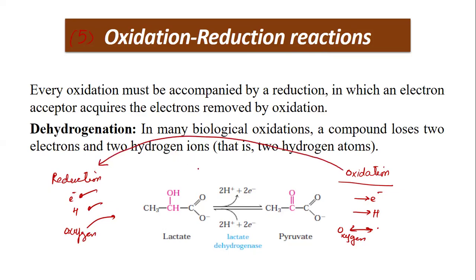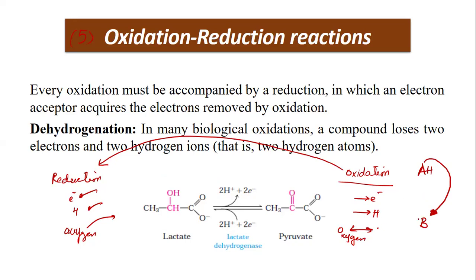But a particular species will only undergo oxidation when there is a species which is willing to accept its electron or hydrogen. For example, if there is a substrate A and it has hydrogen and there is a substrate B, A will only release its electron when B is willing to accept these electrons. And how can we decide that B is willing to accept its electron?